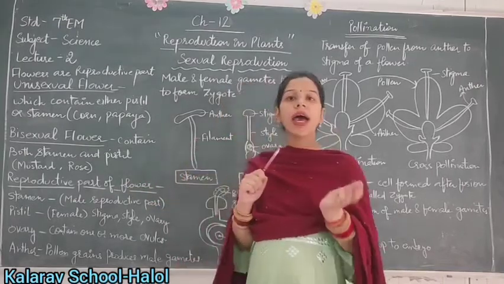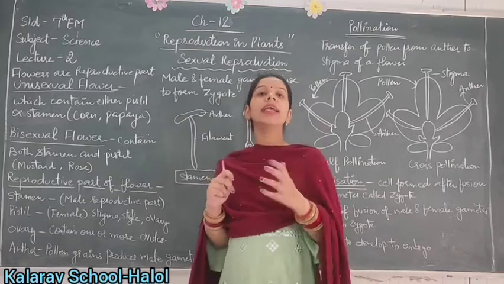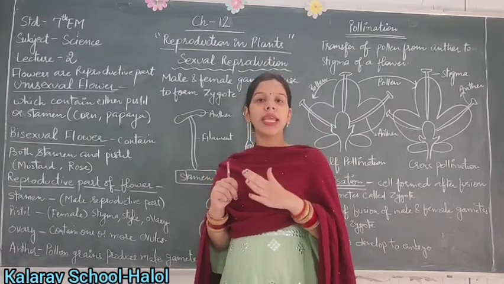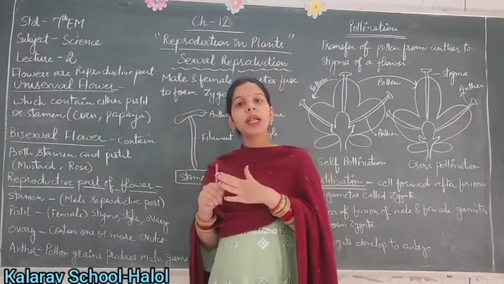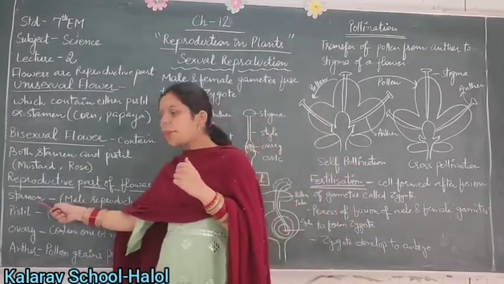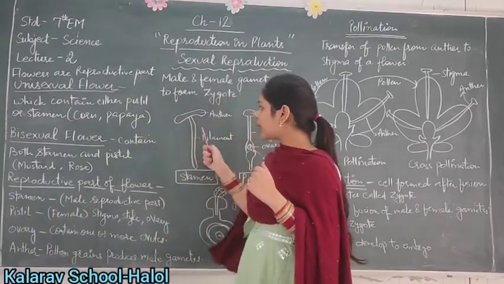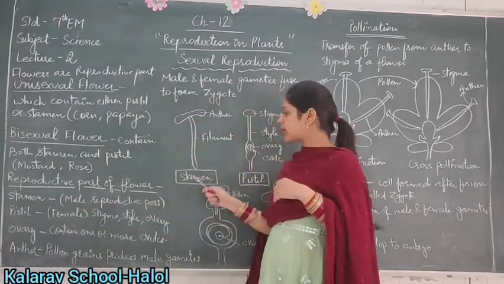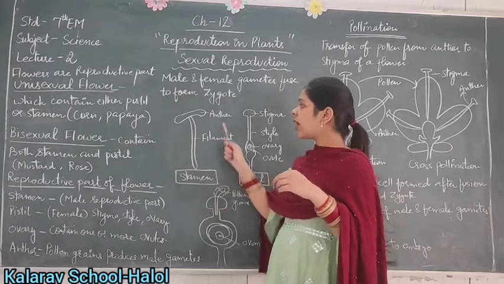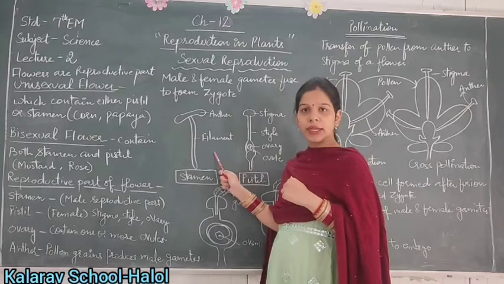Next is the reproductive part of flowers. Since the flower is the reproductive organ of the plant, it contains different parts, the male reproductive part and the female reproductive part. Number one is the stamen. Stamen is the male reproductive part. You can see the diagram here. The stamen is divided into two parts, anther and filament.